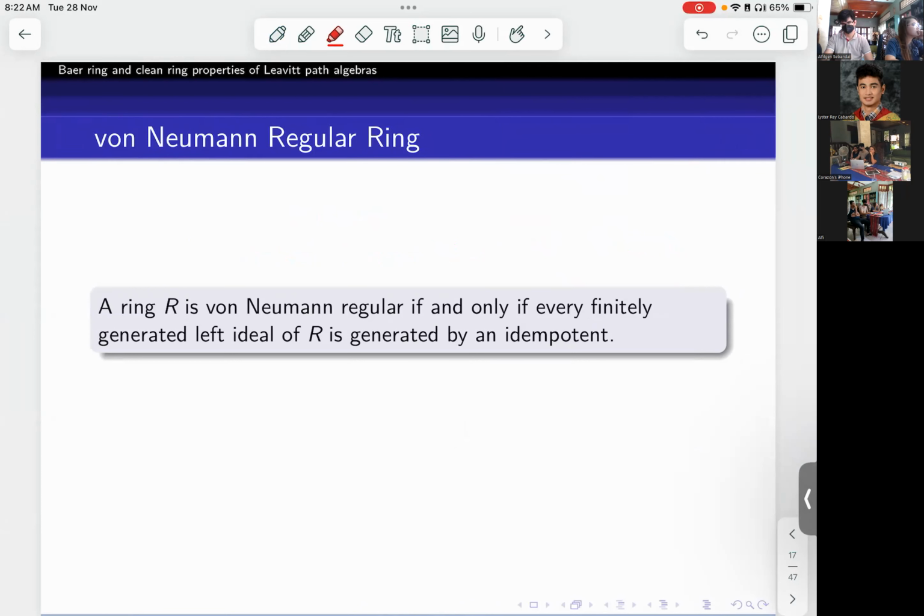A property is that a ring is von Neumann regular if and only if every finitely generated left ideal is generated by an idempotent. Why do I need this? I need this to say that a VNR ring is a Rickart ring.